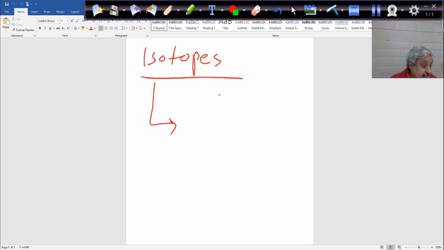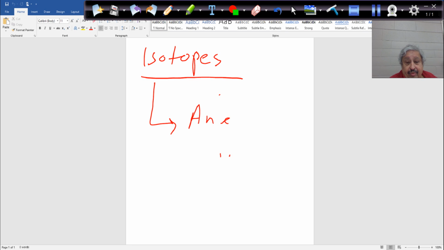An isotope usually happens naturally, as the element will be found in nature with different modifications, correct?